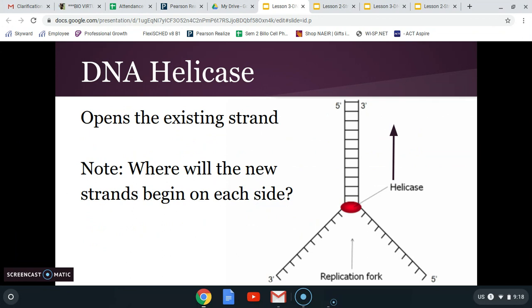Don't necessarily worry about that right now, but those are based on where the phosphate group is versus the sugar group. So the 5' end is the beginning of each of these strands. Notice that the left strand begins on the top and the right strand actually begins on the bottom. But to helicase, that doesn't matter.